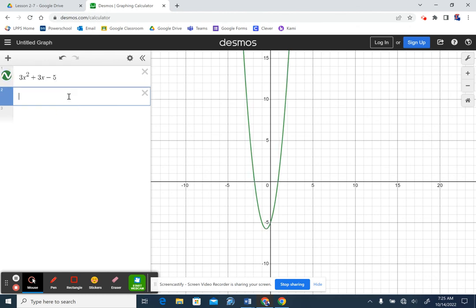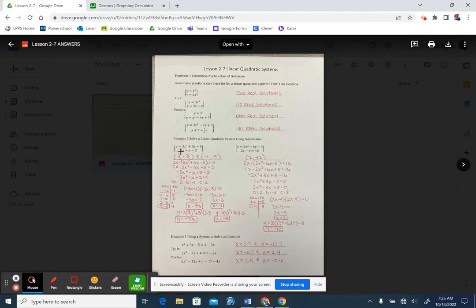When you do that, 2x minus y equals 3. When you type in the two equations exactly how you see them, you will identify the intersection points at 0.667 and negative 1.667.